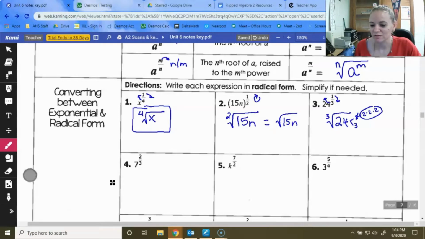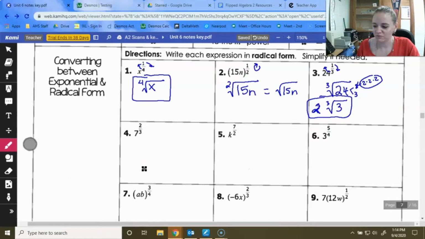So 3 indicates we circle groups of 3. So I take out a group of 2's, and then I have a third root of, who's left? 3 right here. So that would be my completely simplified answer. Okay.